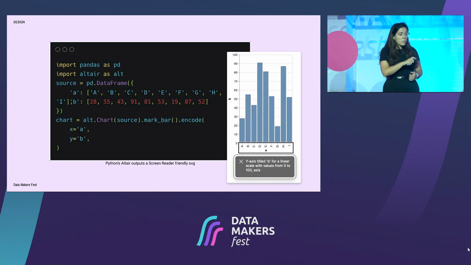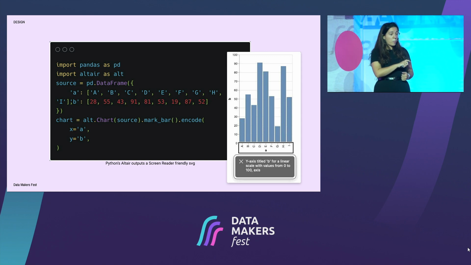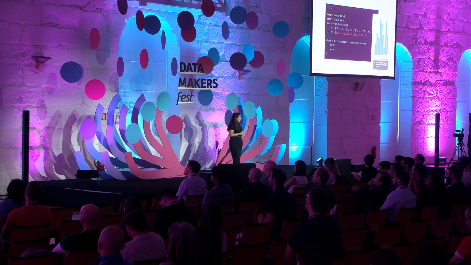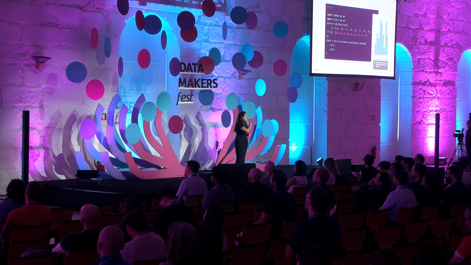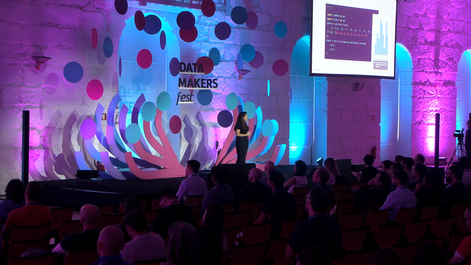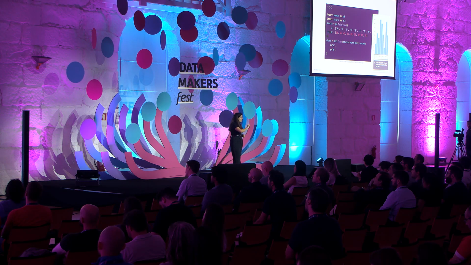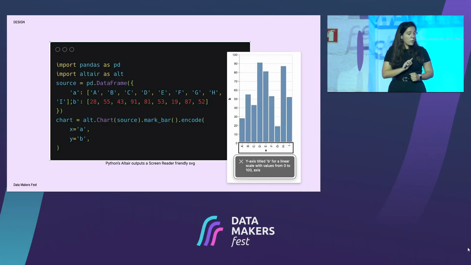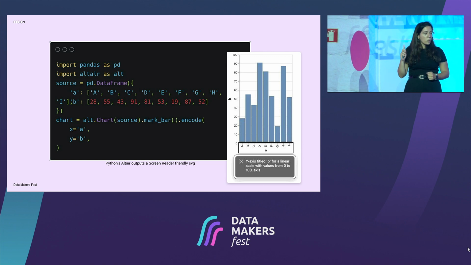And I want to just mention Altair. It's a data visualization library for Python, and it outputs a screen reader-friendly SVG. You don't even need to mention accessibility properties. You just create a basic chart, and it will output an SVG with descriptions for the Y and X axis, and a chart that can be navigated, and the screen reader will read a meaningful message to the user.